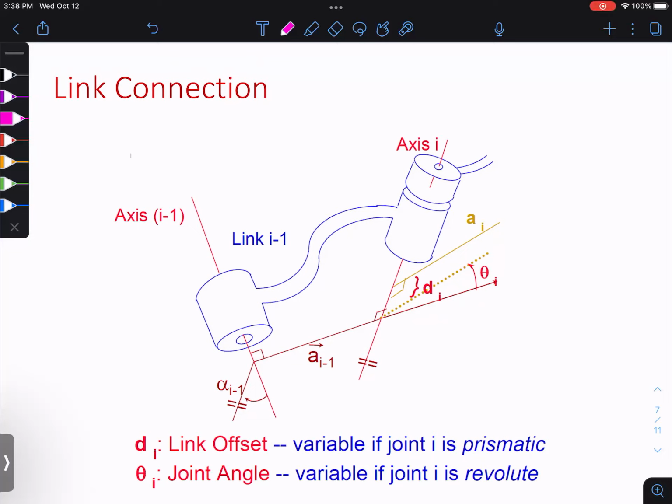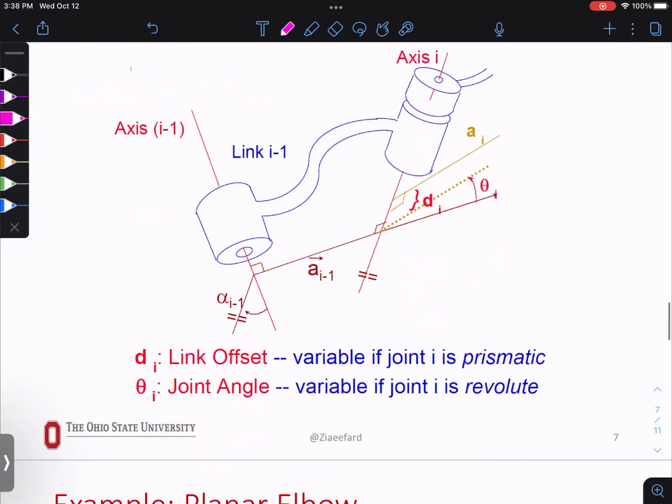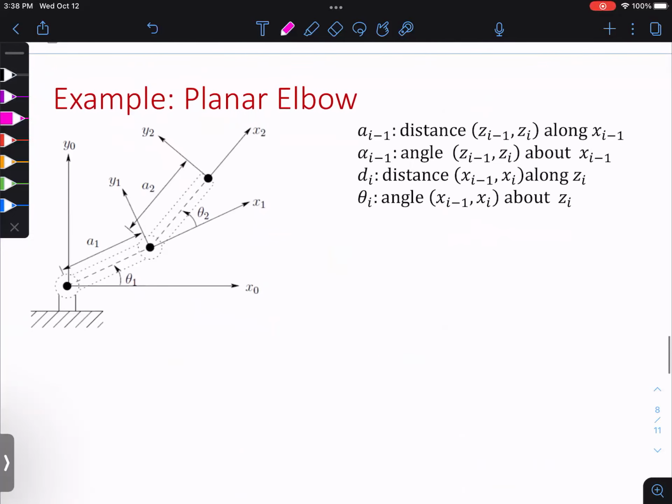Since I don't want you to work very, very hard on things that you don't have to, I'll give you 4 statements to follow to find those values. So this is an example. We are going to follow those statements every time we need to find our DH parameters.